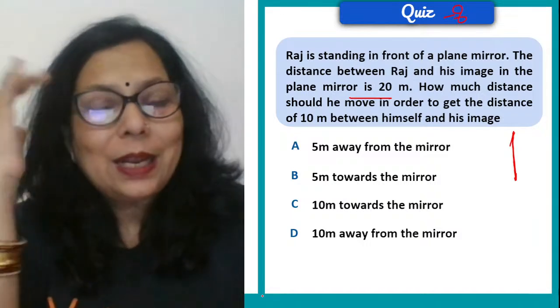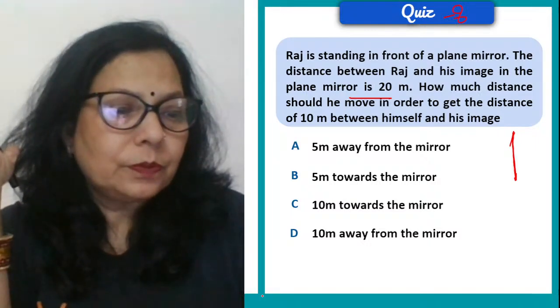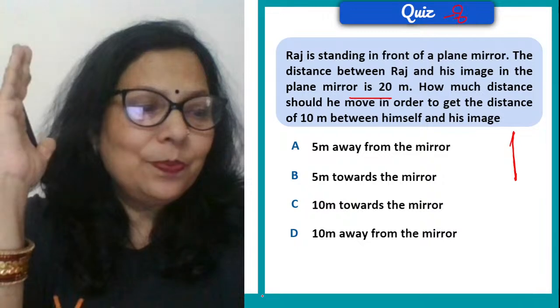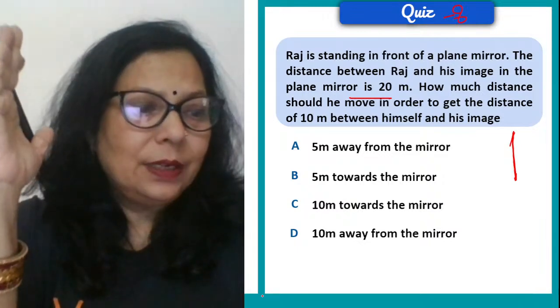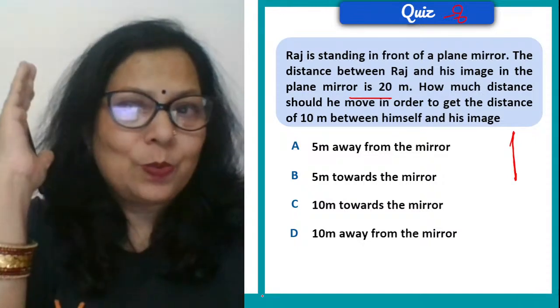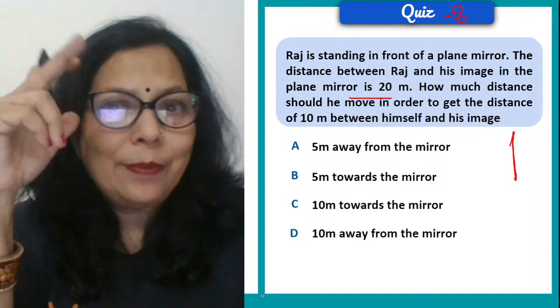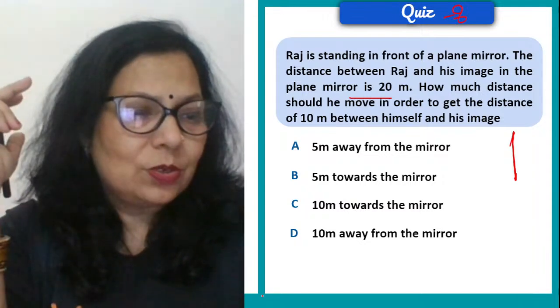Right. तो आपको ये क्लियर हो गया कि राज मिरर से कितने मीटर्स पर है. Yes, Kashif, you are right. There is only one case. How much distance should he move in order to get a distance of 10 meters between himself and his image?